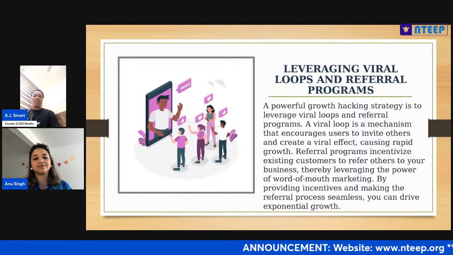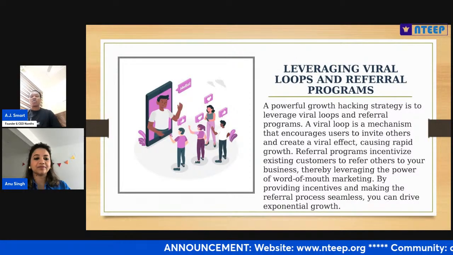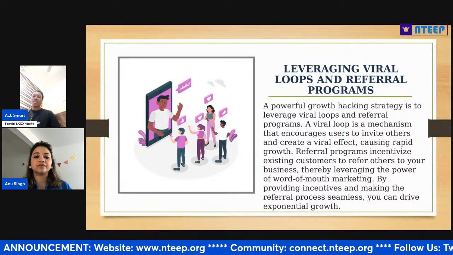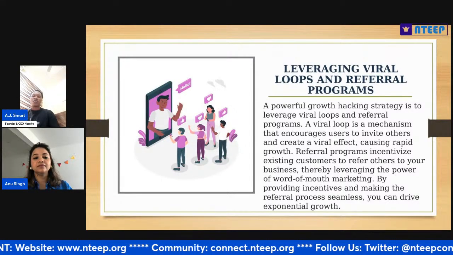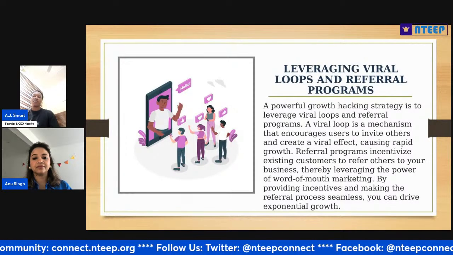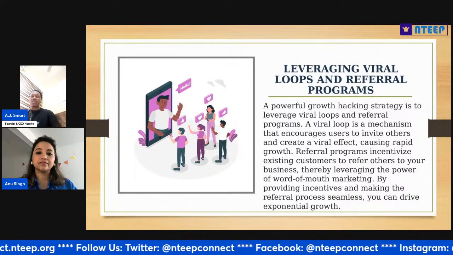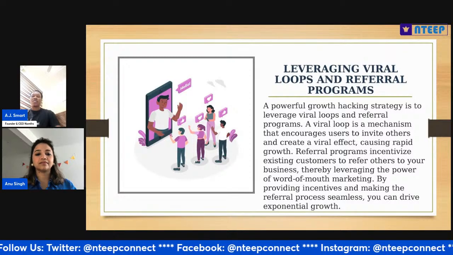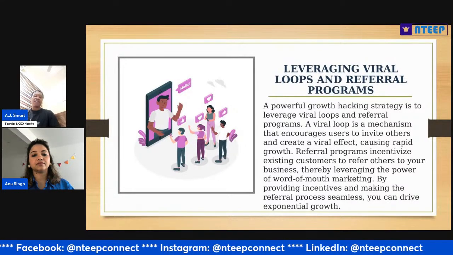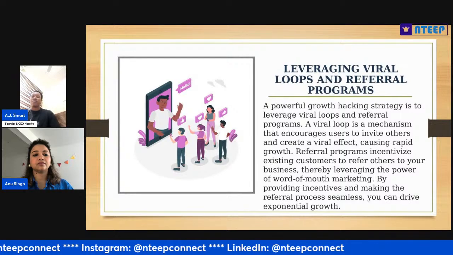So I was talking about leveraging viral loops and referral programs. A powerful growth hacking strategy is to leverage viral loops and referral programs. A viral loop is a mechanism that encourages users to invite others and create a viral effect, create a trend. Very important.